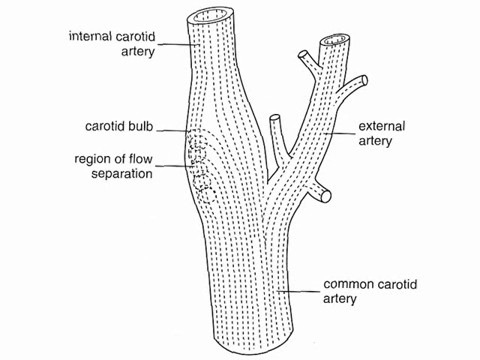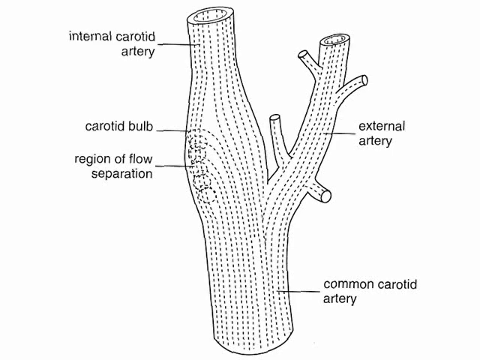This is a schema of the carotid arteries. The inferior part is the common carotid artery, on the right side coming from the brachiocephalic trunk, on the left side coming from the aortic arch, that divides into two arteries: the external carotid artery that gives blood to the face, and the internal carotid artery that gives blood to the brain.